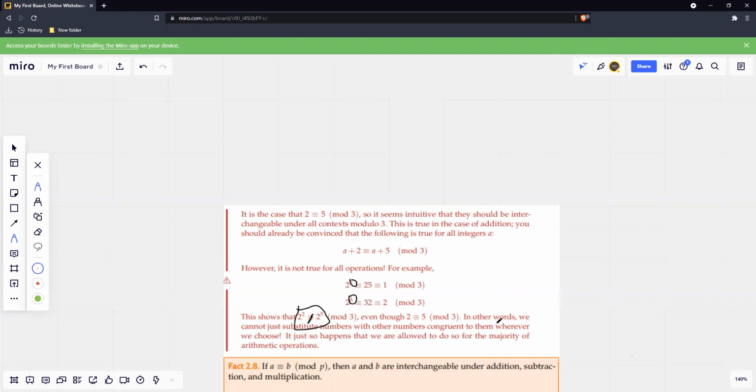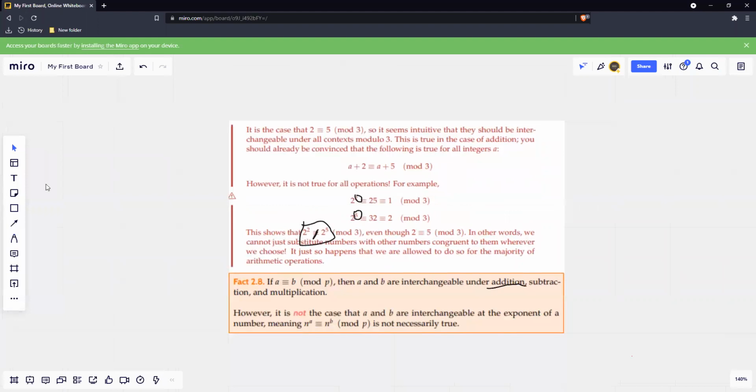Basically, we can substitute congruent numbers whenever we choose. It's interchangeable under addition, subtraction, and multiplication. Division is going to be a little trickier, and we'll cover that later. But what you need to know is that with exponents it won't always be true, so you can't do this with exponents.